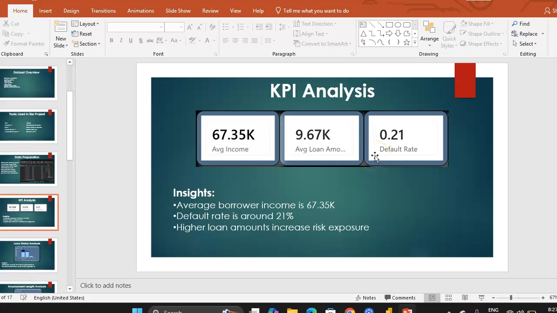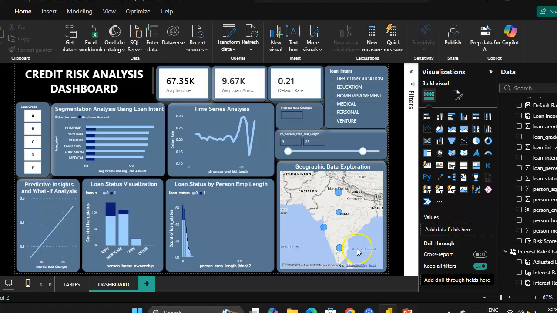From the dashboard, average borrower income is around 67,000, average loan amount is around 9.6 thousand, and default rate is approximately 21%. This indicates that a significant percentage of borrowers are defaulting, which highlights the importance of risk analysis.